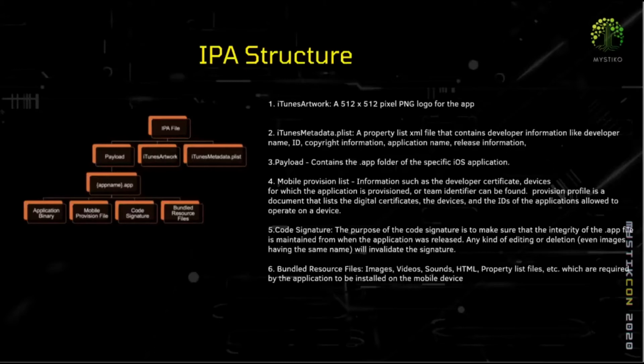Provision list is basically a digital document. It is used in cases where developers need to test a certain application and need to install the applications on devices.